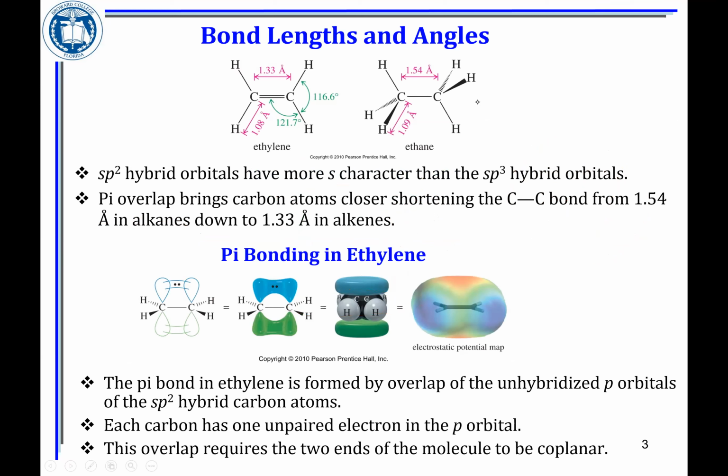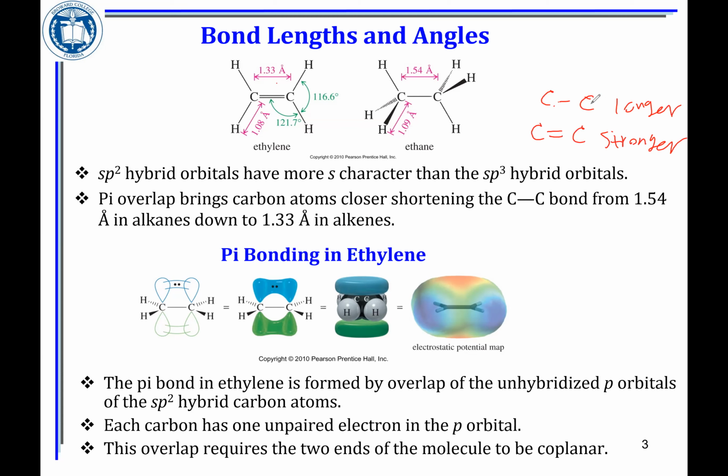When it comes to the strength of the single bond versus the double bond, the single bond is longer, but the CC double bond is stronger. So the greater the bond order, the stronger the bond is going to be. So here, we're talking about the double bond. We are not comparing sigma to pi bond.